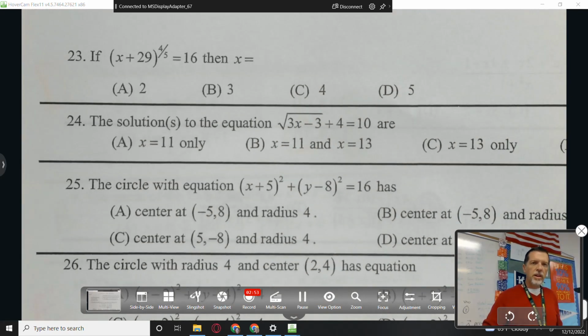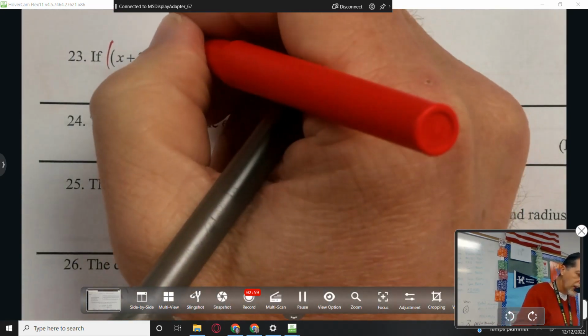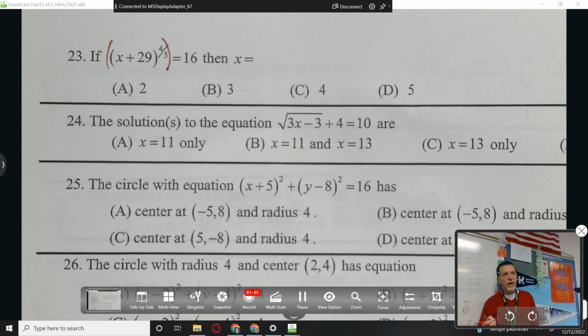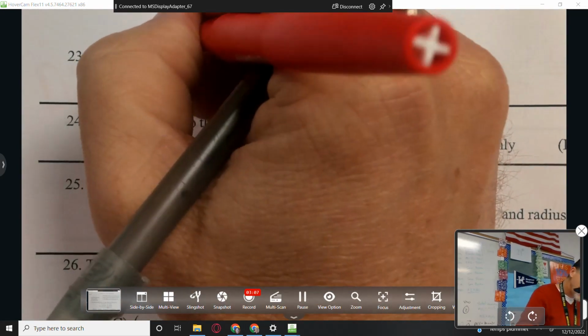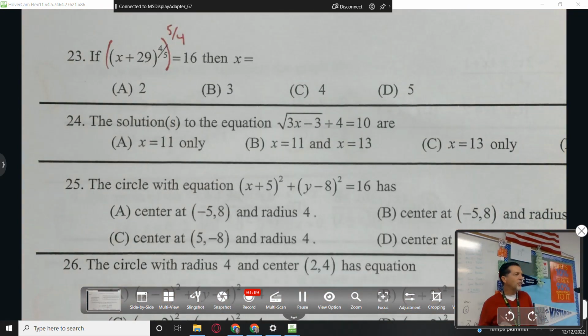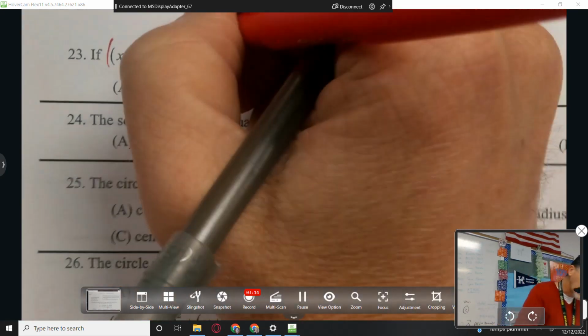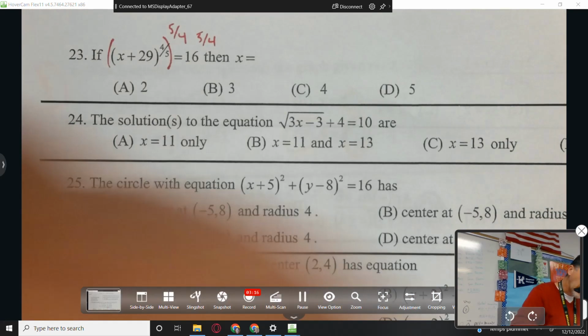x plus 29 to the 4/5. So I don't really like that 4/5. What power would undo the 4/5? The 5/4, the 5/4. Because power to a power you multiply. So you want to raise it to the reciprocal so that when you multiply, they go away.